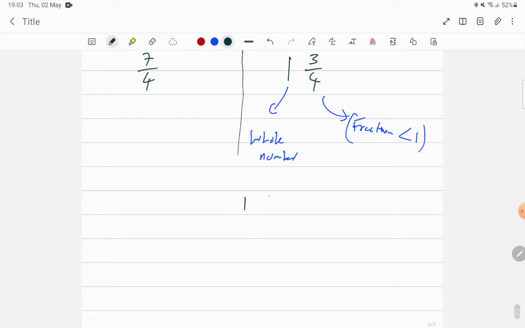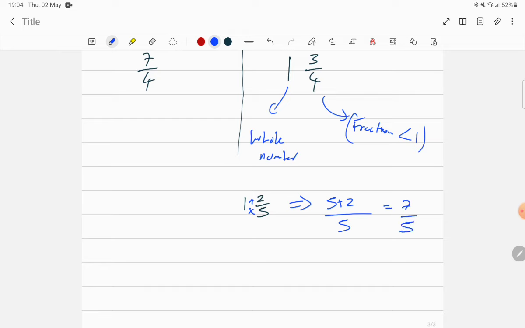if you were to have 1 and 2 over 5, the way to do this would be to multiply the denominator and the whole number, and then add the numerator. So this would be 1 times 5, which is 5, plus 2, all over that original denominator. So this would be 7 over 5.